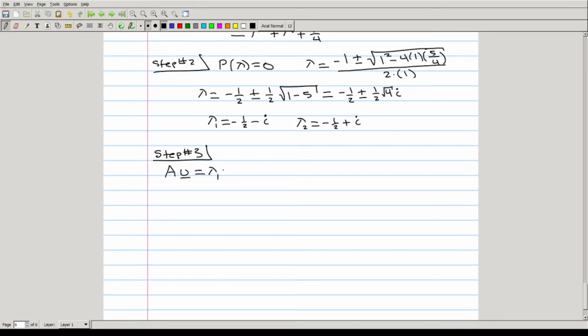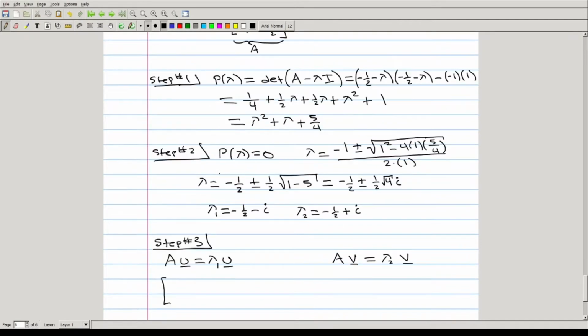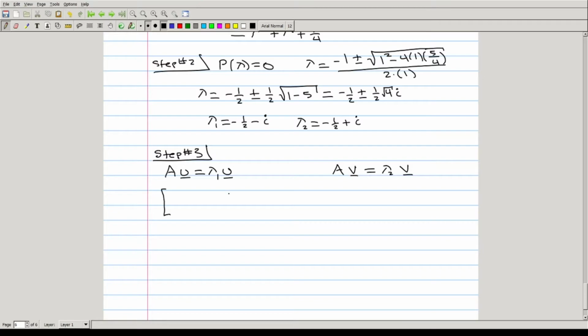A times u is lambda 1 times u, and A times v is lambda 2 times v, which can be solved using standard methods from linear algebra. So you can solve a given system like this in many different ways. The easiest way is probably using the reduced row echelon form. But you have to remember that these values are going to, in general, be complex.